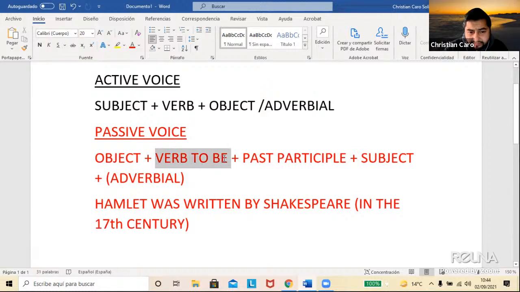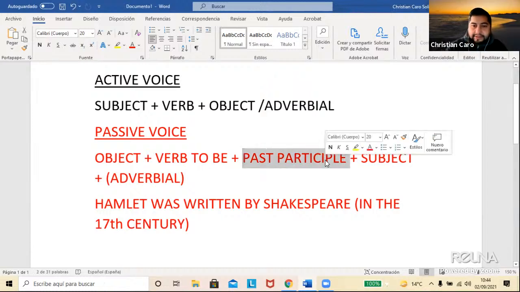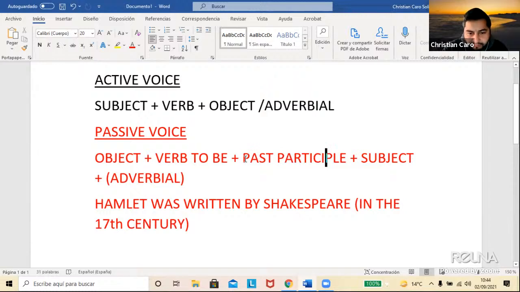Verb to be in this case is considered an auxiliary verb, right? Past participle is considered the main verb. Okay, so it's gonna change, just like verb to be, but the past participle is going to indicate the main action.